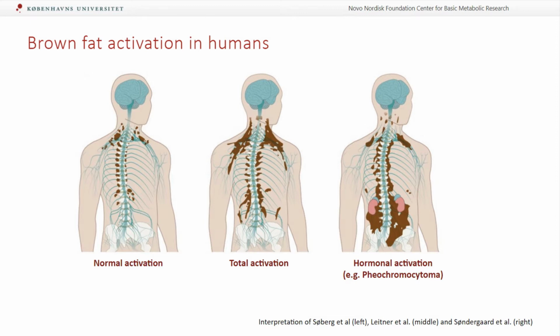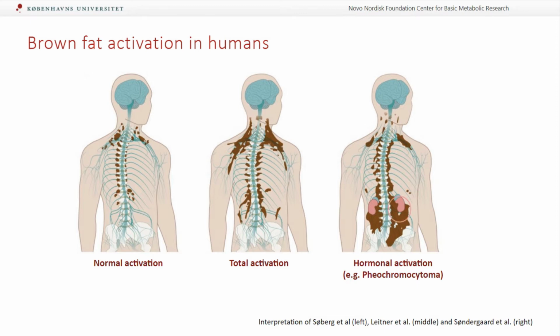It rather is pumped out from adrenaline from the adrenal glands. So it's more of a hormonal activation, which you can also see that the rather vascularized visceral fat has really activated thermogenic differentiation. And this is quite interesting, as it indicates to us that we have progenitor cells that can actually be induced to differentiate into thermogenic adipocytes.